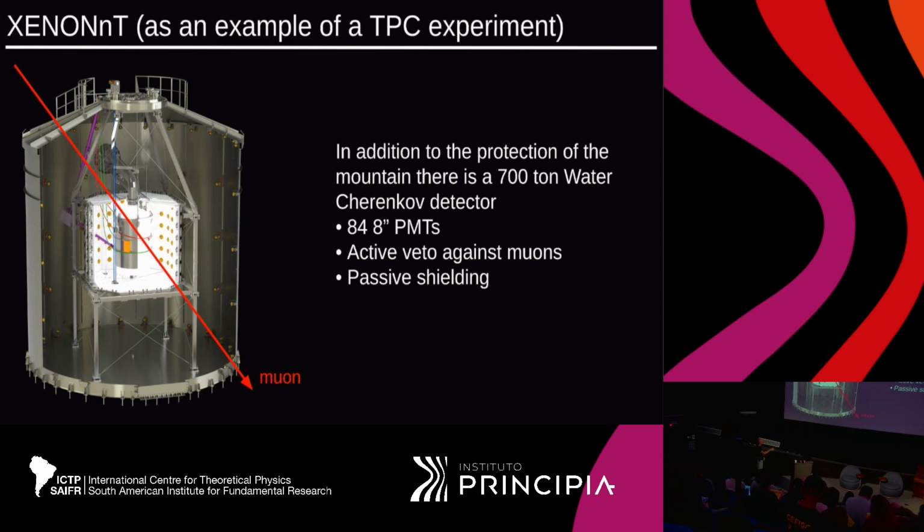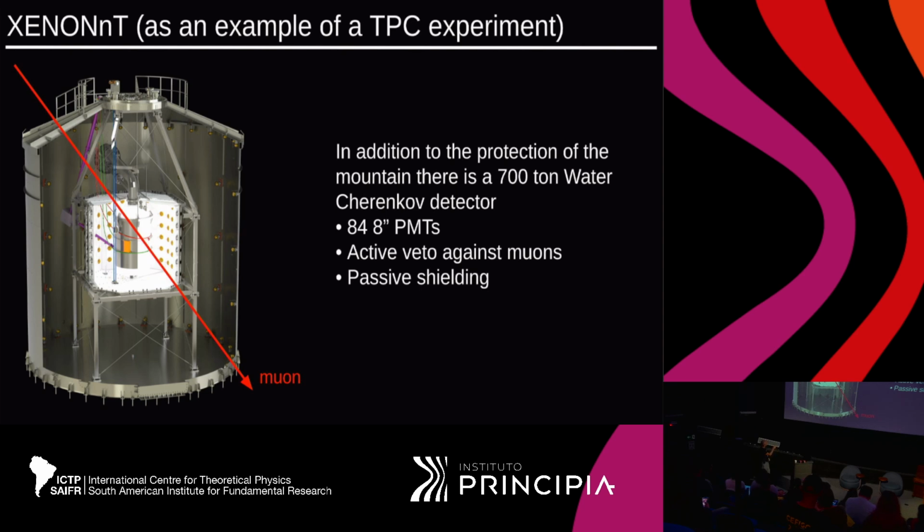So this is all filled with water, and you have here photomultiplier tubes that are looking at light, and when a muon goes through water, if it is a high energy muon, it will produce Cherenkov radiation. You already heard about this in the previous talk yesterday, okay?